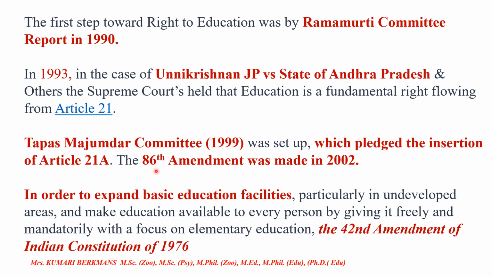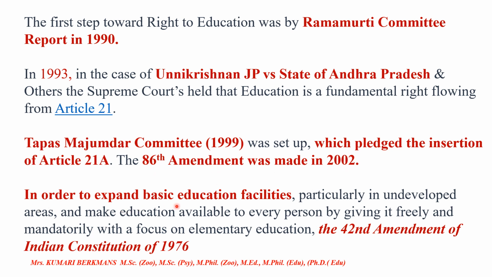Okay, so that is in the amendment. The 86th Amendment was made in 2002. That amendment is right to education, that is free and compulsory education. Okay, it was in Article 21A, and that is in which amendment? 86th Amendment was made in the year 2002.